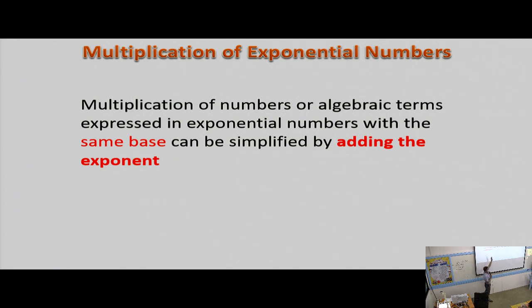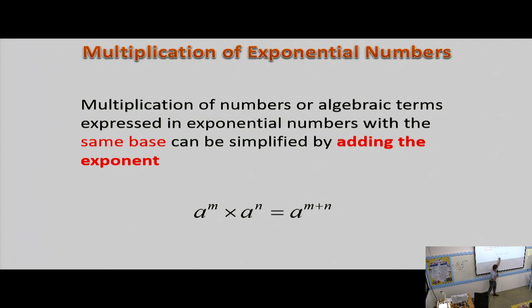So a to the power of m times a to the power of n is equal to a to the power of m plus n. They both have the same base, a, and you just add the exponents.